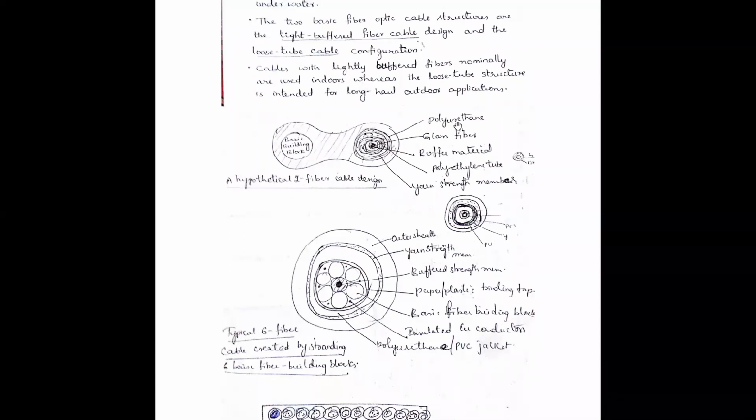So in the middle we have a glass fiber which is being covered by multiple layers, and it varies as the requirement changes. You can see polyurethane buffer material, a polyethylene tube, and then strength member. These are some of the packing materials in order to protect the glass fiber, and the number of layers will vary from fiber to fiber.